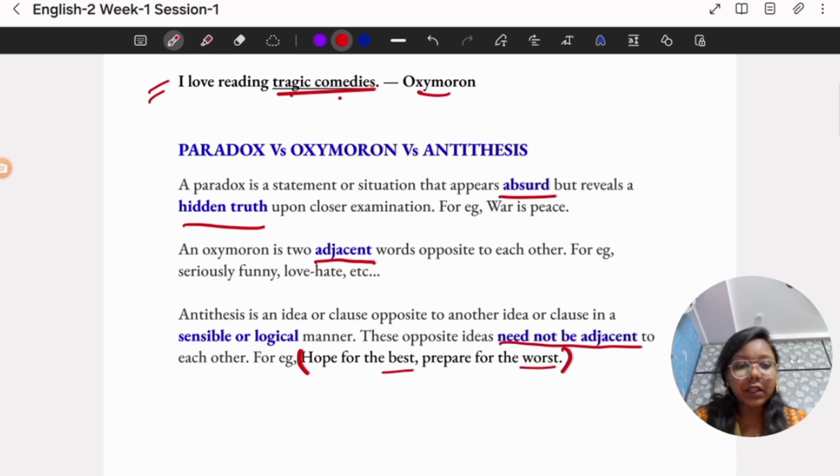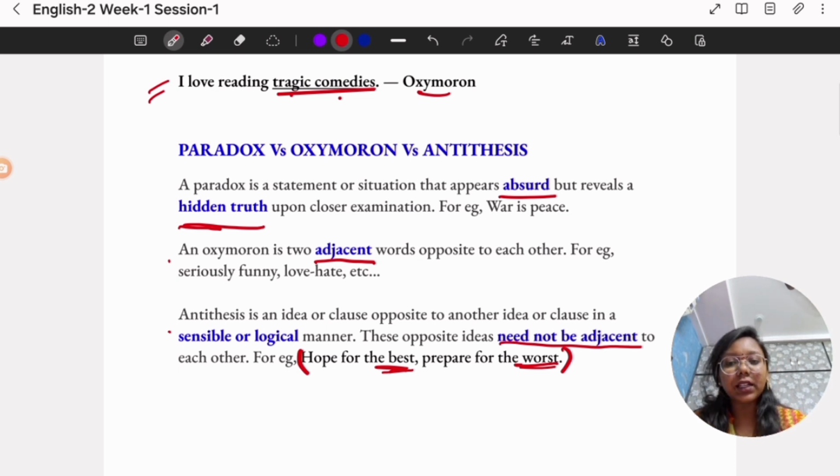They do not seem weird when you hear them for the first time, like paradox. And the opposite words are not adjacent to each other. So that's the difference between antithesis and oxymoron. And coming to paradox, there's a hidden truth behind them, and they feel weird when you listen for the first time. So this is the difference between these three.